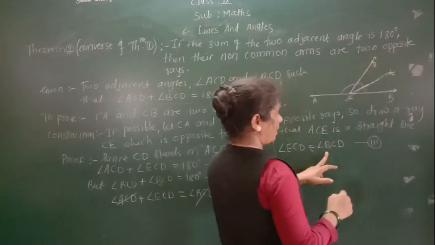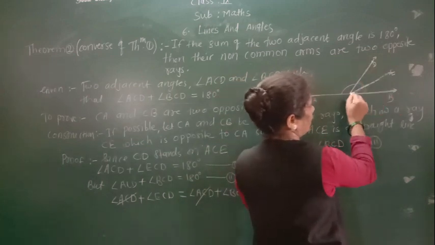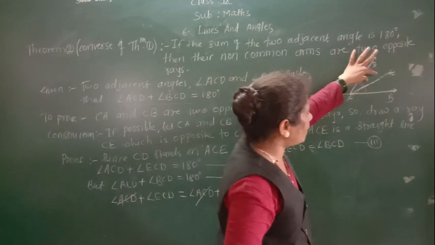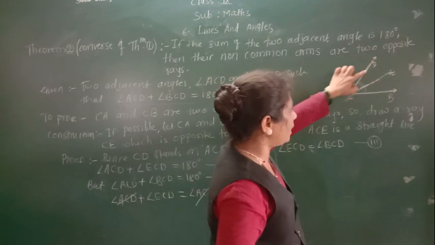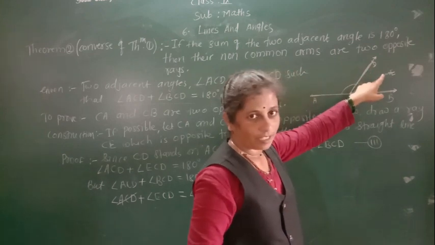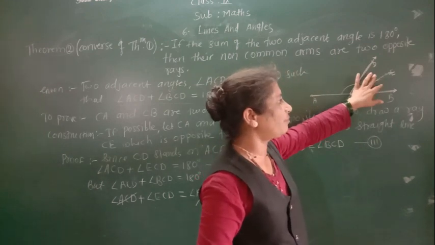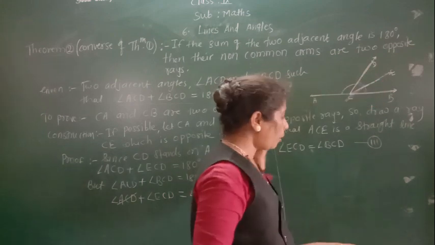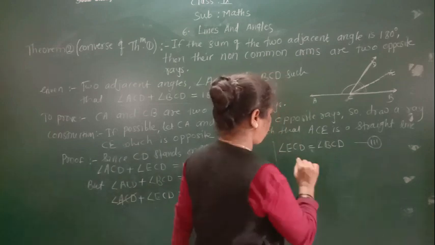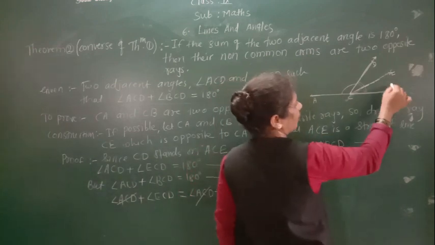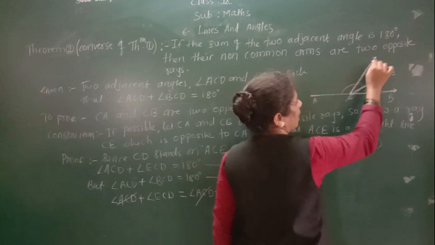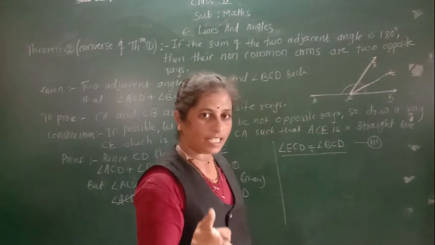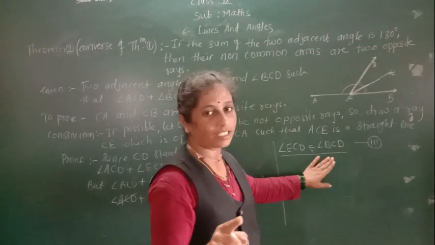If you observe, the complete angle BCD and ECD here look different; these two angles are different parts. But from this calculation we have got angle ECD equals angle BCD, so the measurements of these two angles are the same.